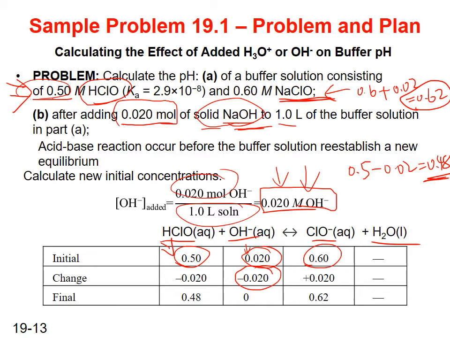All of it will be reacted, and the same is true for the acid. The change also produces the same amount of the base, or the anion. And so the final concentration after this neutralization gives you acid 0.48, which equals the one we calculated before, and the conjugate base anion 0.62, also equal to the previous one.